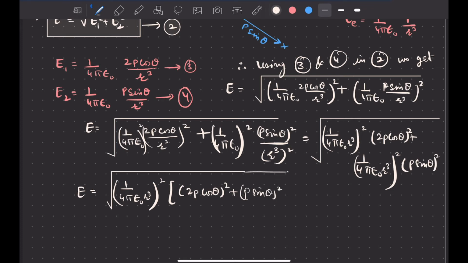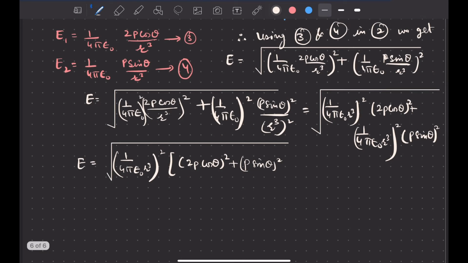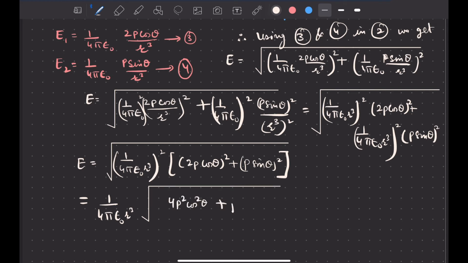Now first of all take this square out of the under root, because this square and this under root will cancel out each other. So we will be having 1 upon 4 pi epsilon naught r cube taken out of the under root, and inside the under root we have 4p square cos square theta plus p square sin square theta.